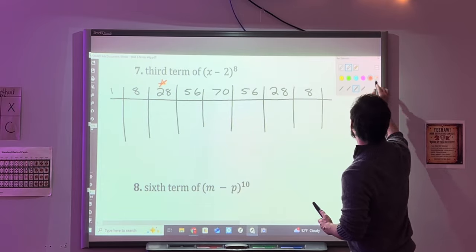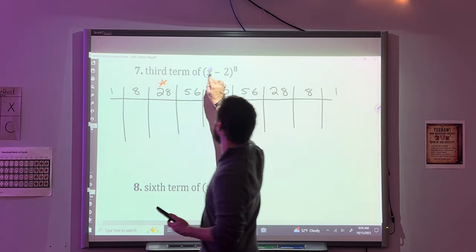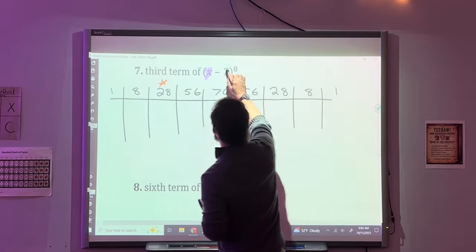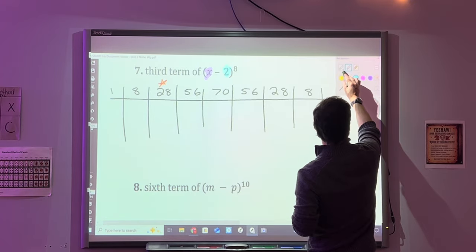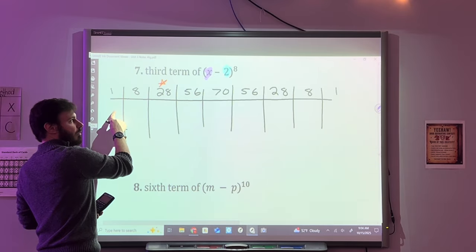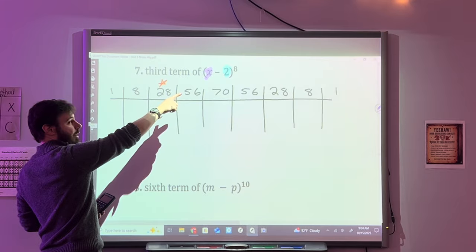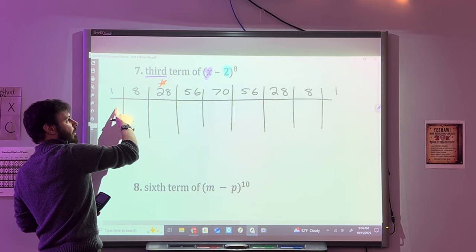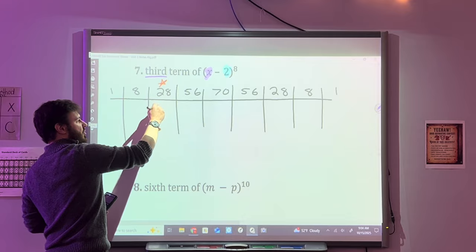All right. First term was x. Second term was 2. So this would be x to the 8, right? I got 8 x's. I almost got confused because I'm looking for the third term. X to the 8, x to the 7, x to the 6.